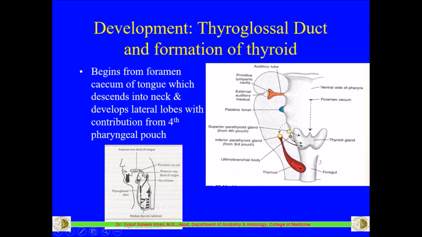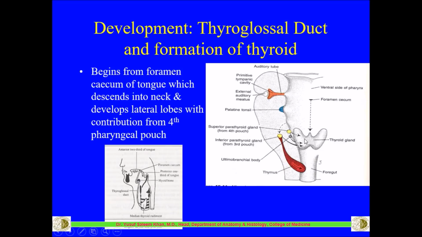This is called the thyroglossal duct, and this will descend downwards from the tongue or the oral cavity into the neck, and helps in the development of the lateral lobes, along with contribution from the fourth pharyngeal pouch.